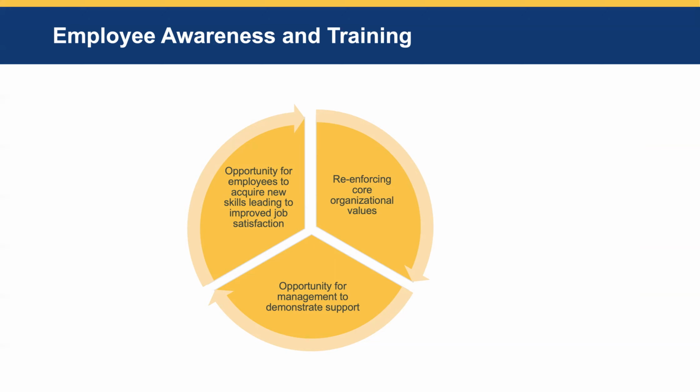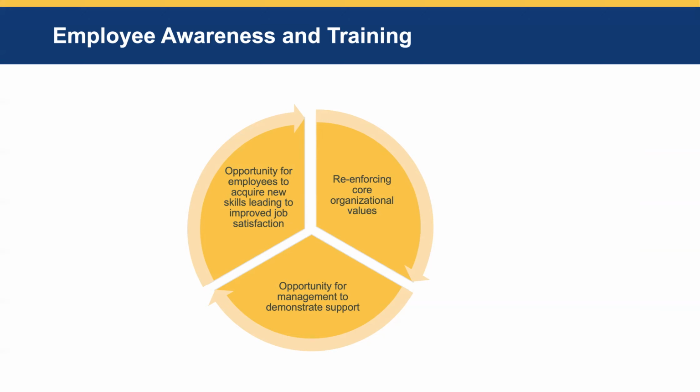for reporting security risk. And so some of the benefits that can come with employee awareness and training include reinforcing core organizational values, giving management an opportunity to demonstrate support, as well as creating opportunities for employees to acquire new skills. And through the acquirement of new skills, this can lead to increased job satisfaction.